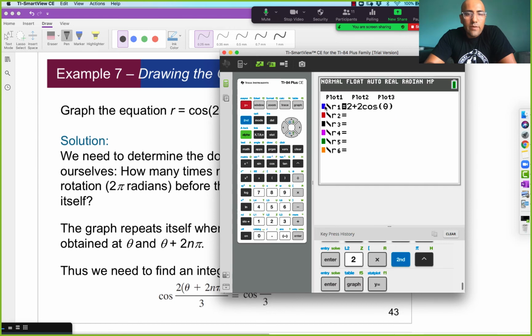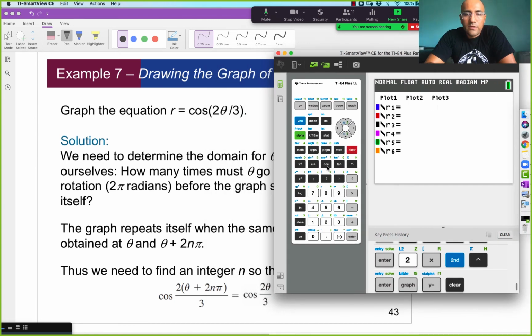So go back to y equals, let's get rid of the old one, and let's put in cosine of 2 theta divided by 3, close parentheses, enter. Okay, so the R values are going to be bounded by cosine, right?